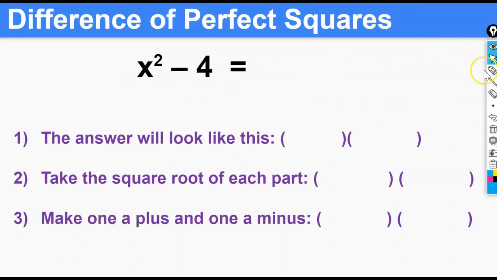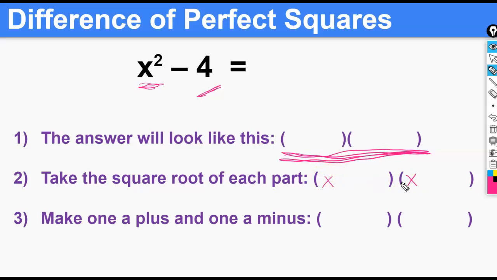Okay, so if I have x squared minus 4, again, first thing that pops into my head is, oh, that's a perfect square because it's x squared. And oh, 4 is on my list. It's 2 squared. So this is a perfect square minus a perfect square. I know my answer is going to be a binomial times a binomial. So I'm going to write down my binomials. I need to know what the square root of each of those is. What squared equals x squared?